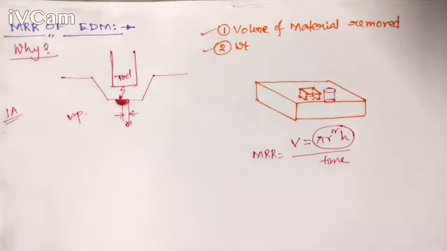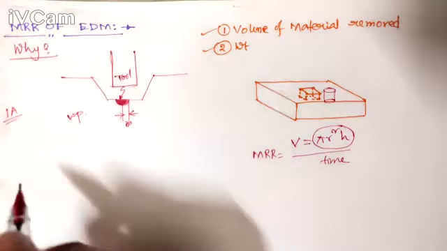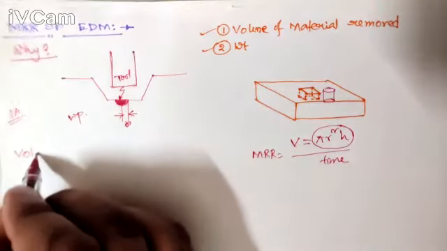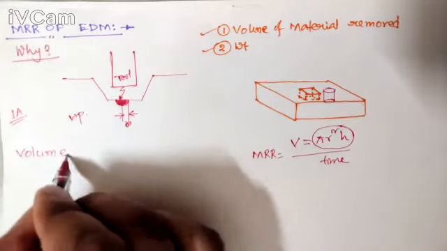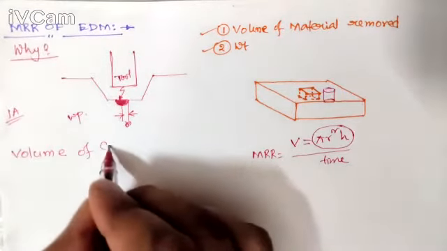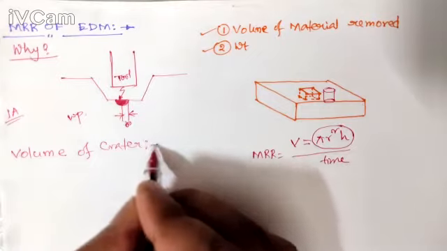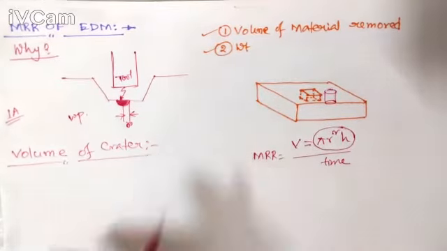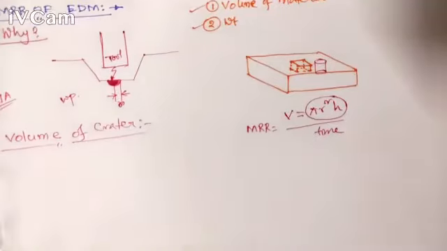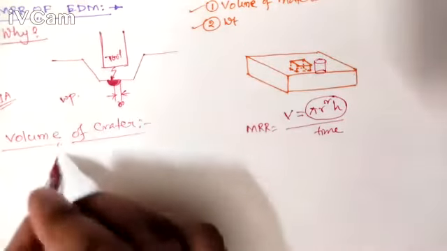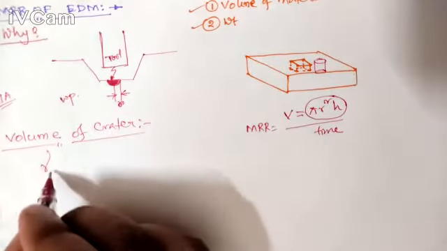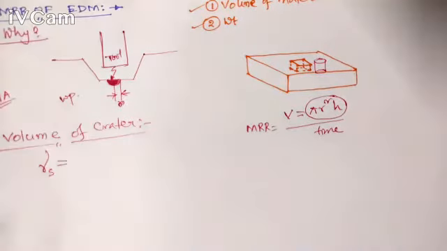Okay, right. Now, if the radius of the hemispherical crater is small r, we can find out the volume of the crater. So what will be the volume of the crater? It will be represented by gamma s. Why gamma s?